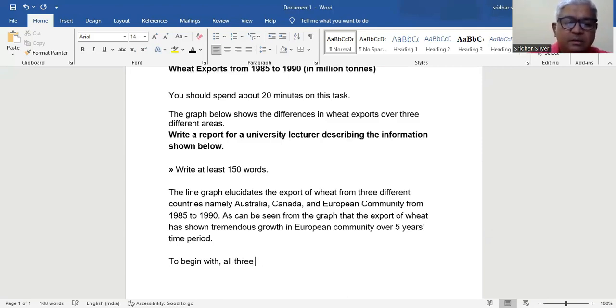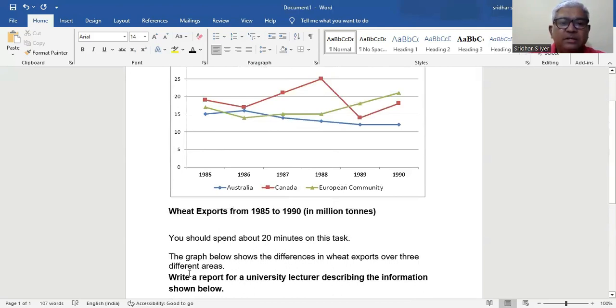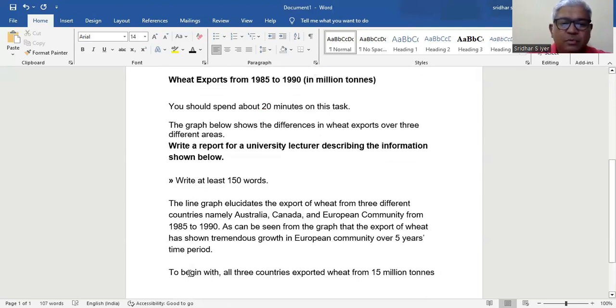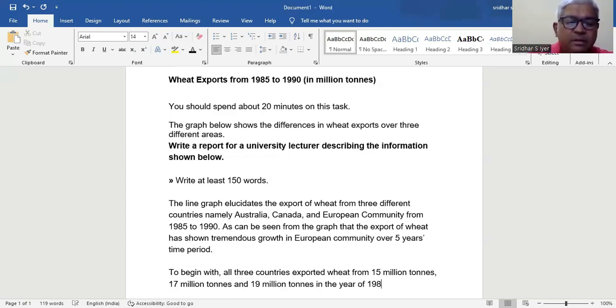To begin with, all three countries exported wheat from 15 million tons, then 17 million tons and 19 million tons in the year of 1985 respectively.